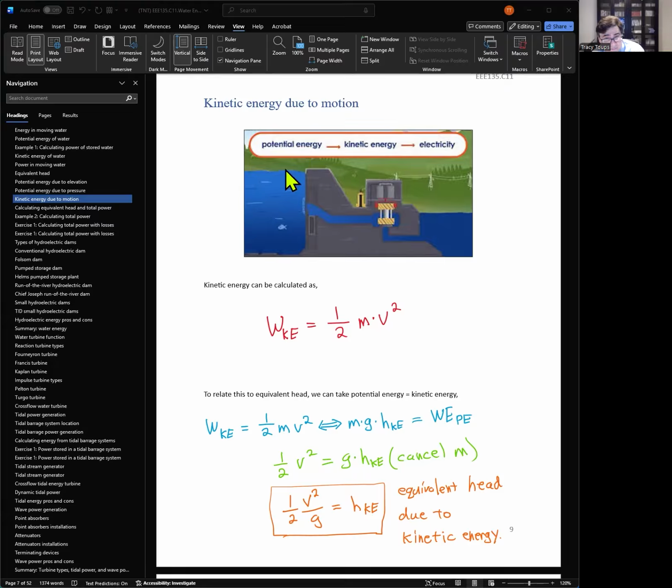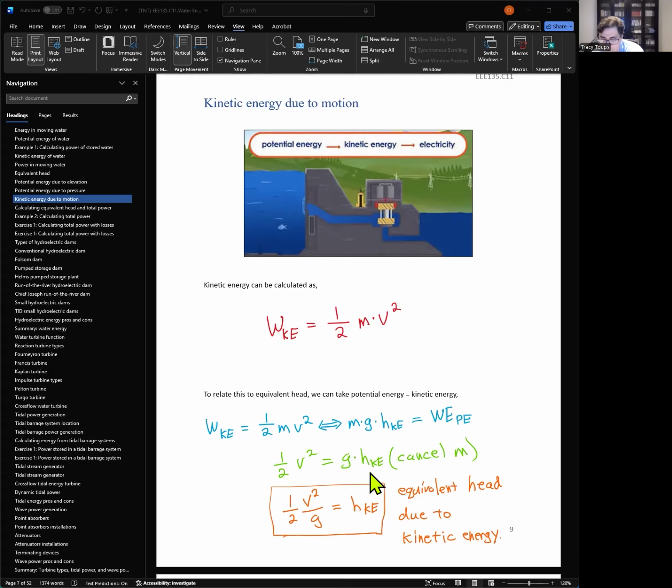If we have 1,000,000 joules here, and we let it flow, it's going to turn into a million joules of kinetic energy as it starts moving. It's energy conservation. You can't take away or magically create more energy. So we can equate these two. You have this one equation, 1/2 mv squared equals mass times gravity times the height of the kinetic energy. Then we cancel the m's, and now we have 1/2 v squared equals g times h of kinetic energy. This is the equivalent head due to kinetic energy.